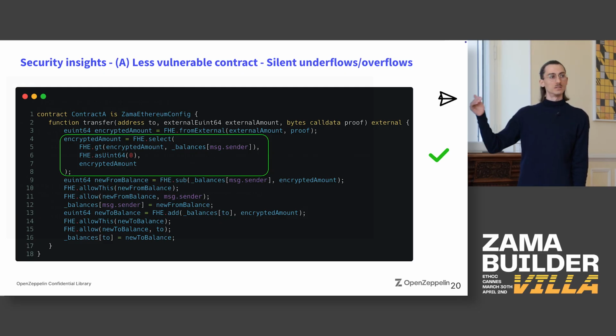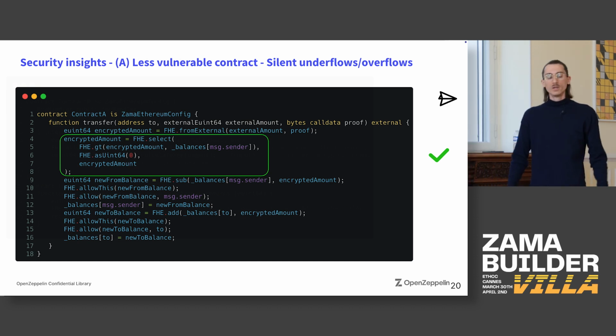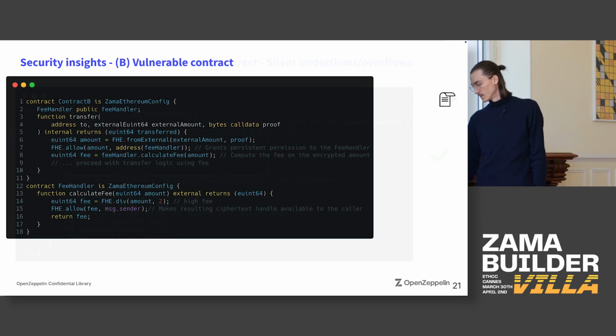But if the balance is too low, then you can return an encrypted 0. So it's line 13. If you have an encrypted 0 and you increase with an encrypted 0, it's fine. So that was the first example.